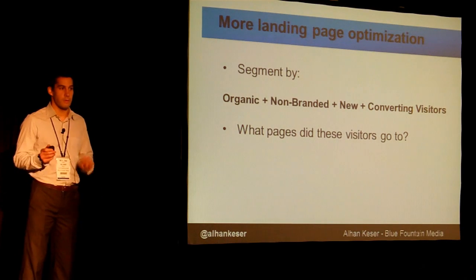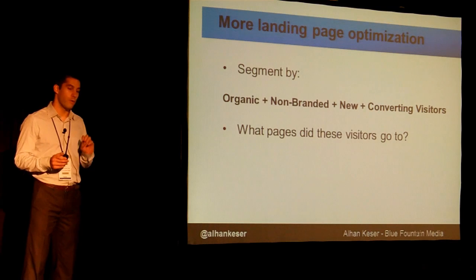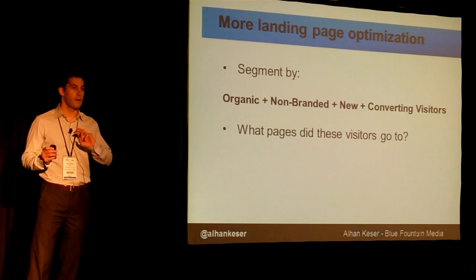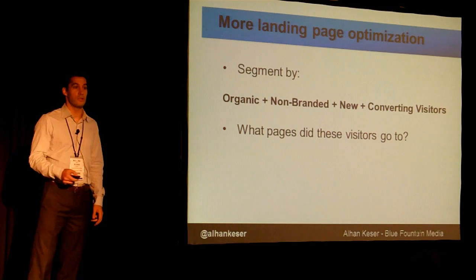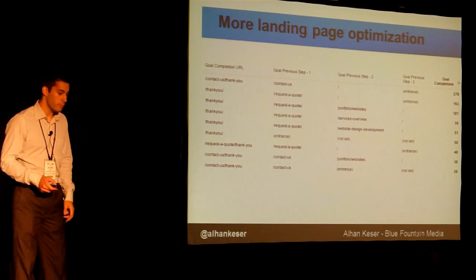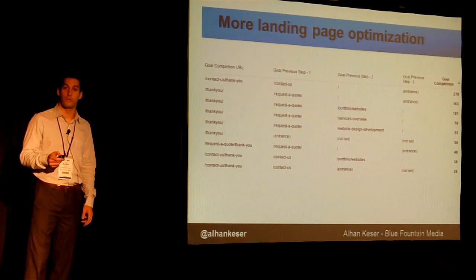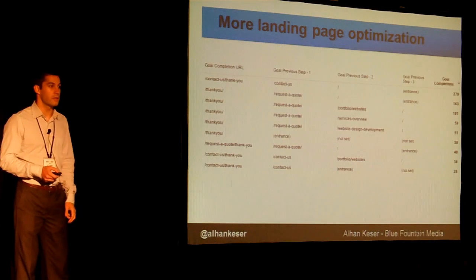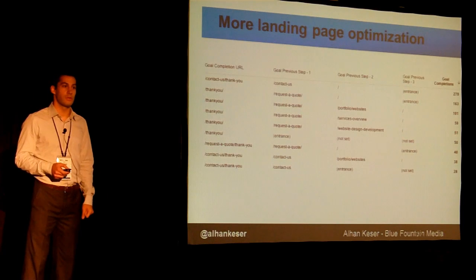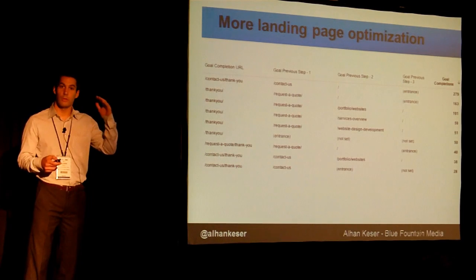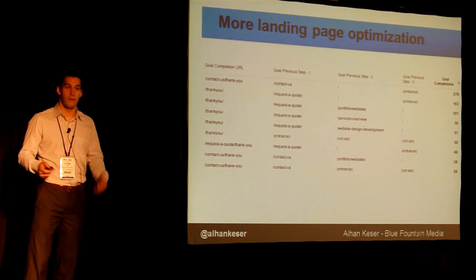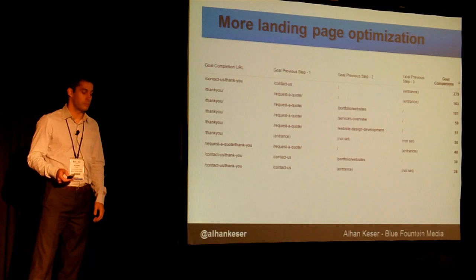They're going to be able to tell you something about what content is really speaking to them and turning them into leads or sales. You can use your reverse goal path analysis under conversions in Google Analytics. You can also just look at the most popular pages for that particular segment.